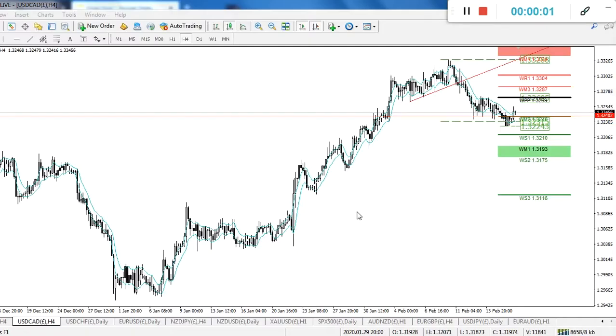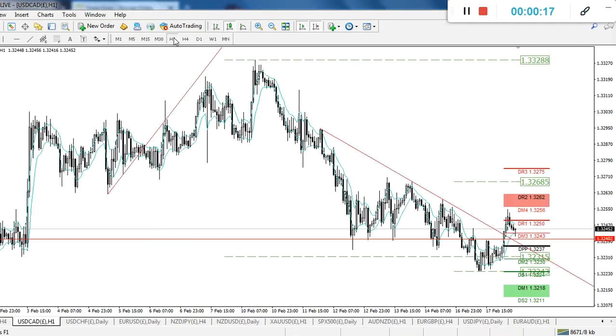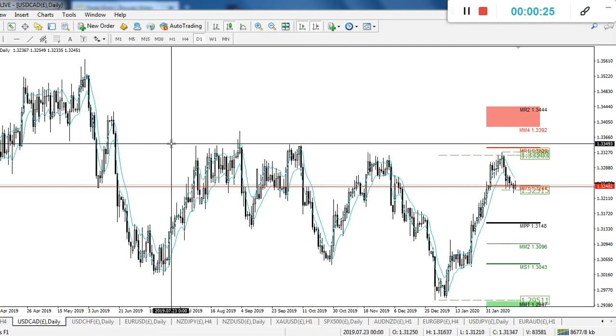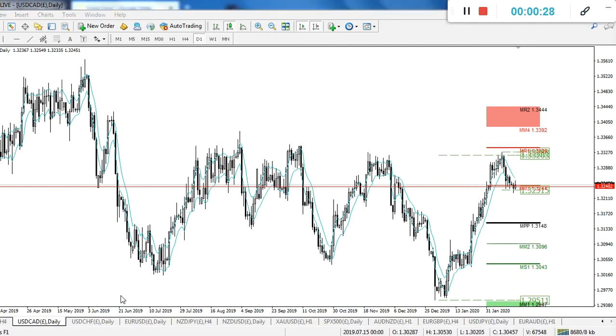So we're going to start off with US dollar versus Canadian dollar. This is a 4-hour chart, and this currency is still developing. It's still looking weak, but the bigger trend on the daily time frame is up. I'll bring a snippet up, which will be easier for you to look at.